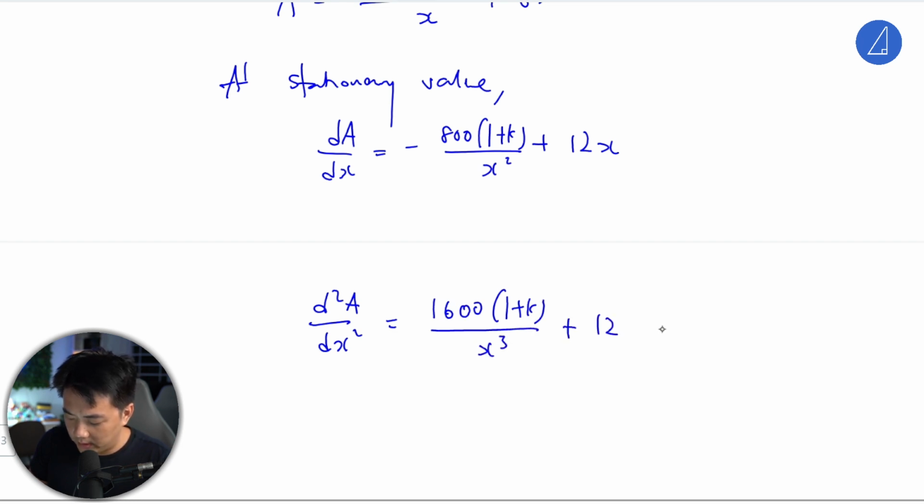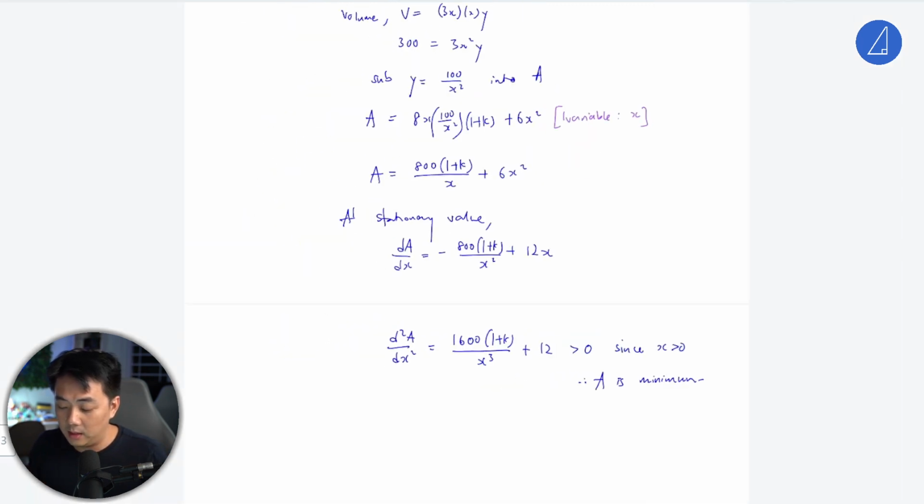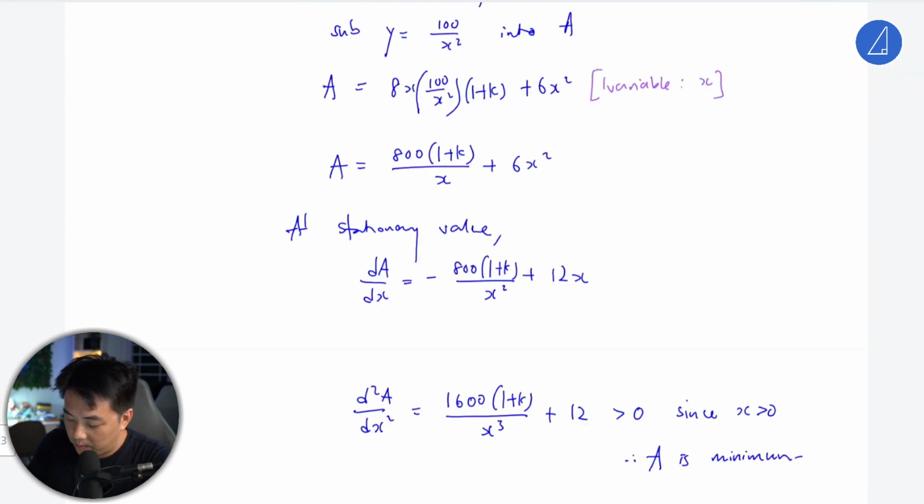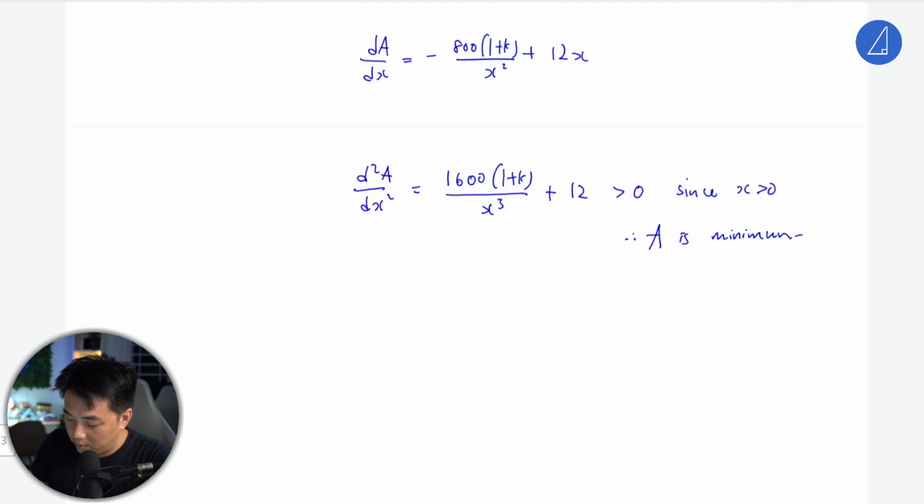So this is obviously more than 0 since x is more than 0. So hence A is minimum. They didn't ask us to show it, but we'll just show that it's minimum. So anyway, at stationary value, maybe I just put this in as stationary value.